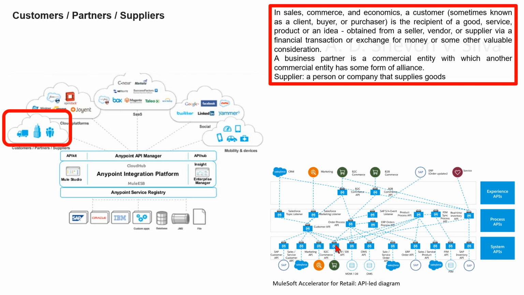IPS interacts with the customer API. The customer API in process APIs interacts with the Salesforce topic listener and the B2C commerce API in experience APIs, and the Salesforce topic listener is connected to CRM, here Salesforce.